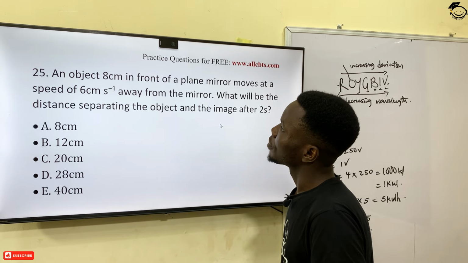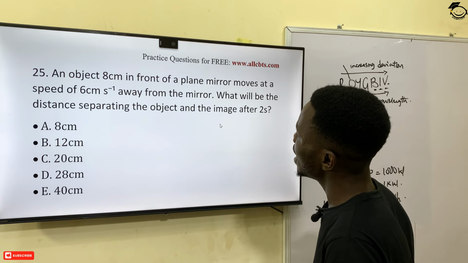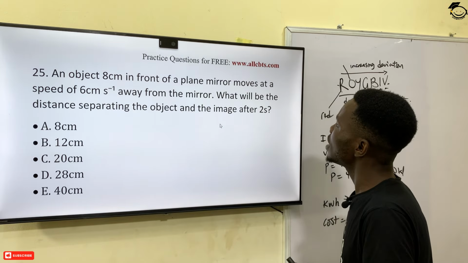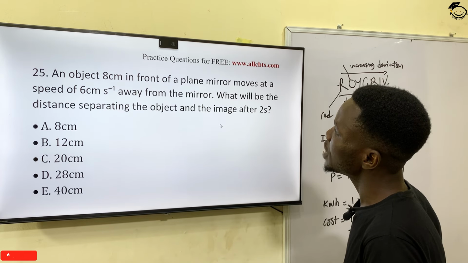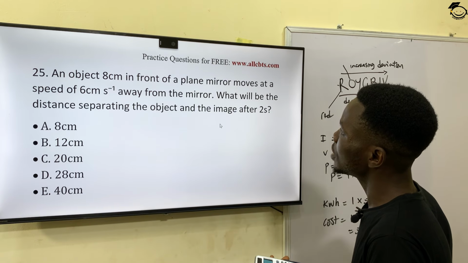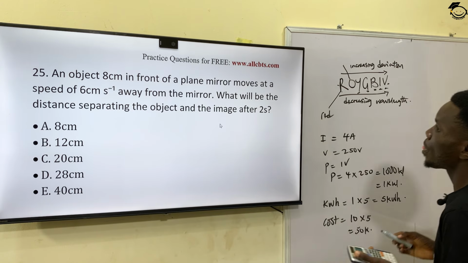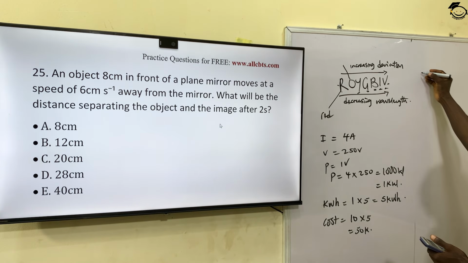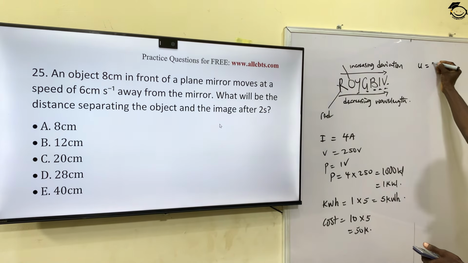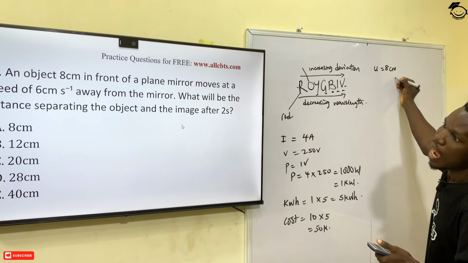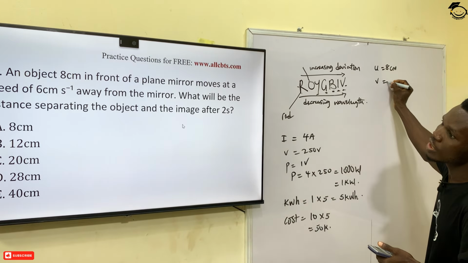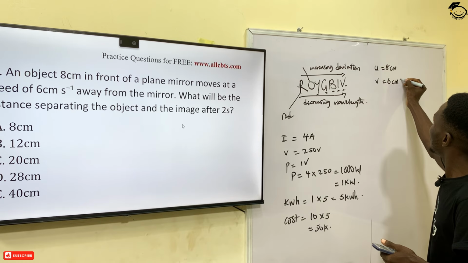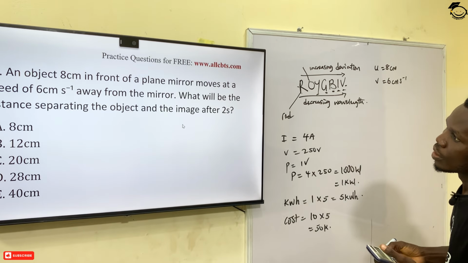It says, an object 8 centimeters in front of a plane mirror moves at a speed of 6 centimeters per second. So the distance of the object to the plane mirror is 8 centimeters. And the speed or the velocity is 6 centimeters per second from the mirror.